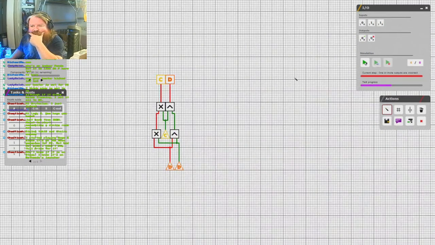Okay, why did that not work? Oh, because this needs to be an OR gate.